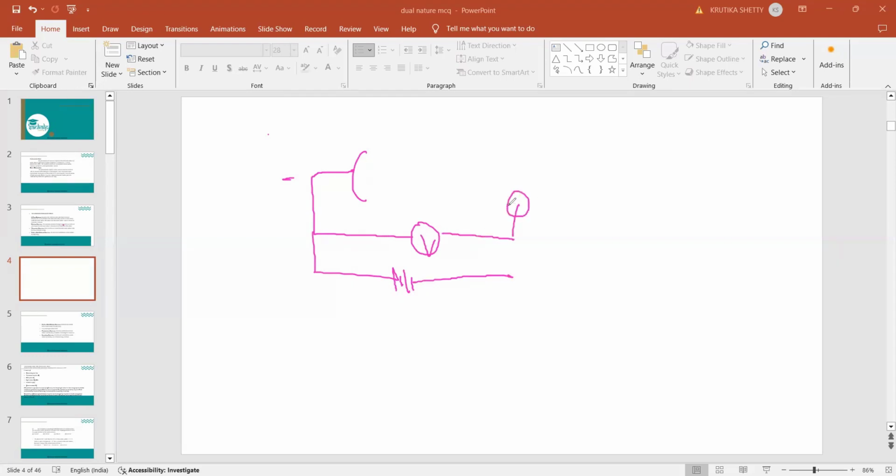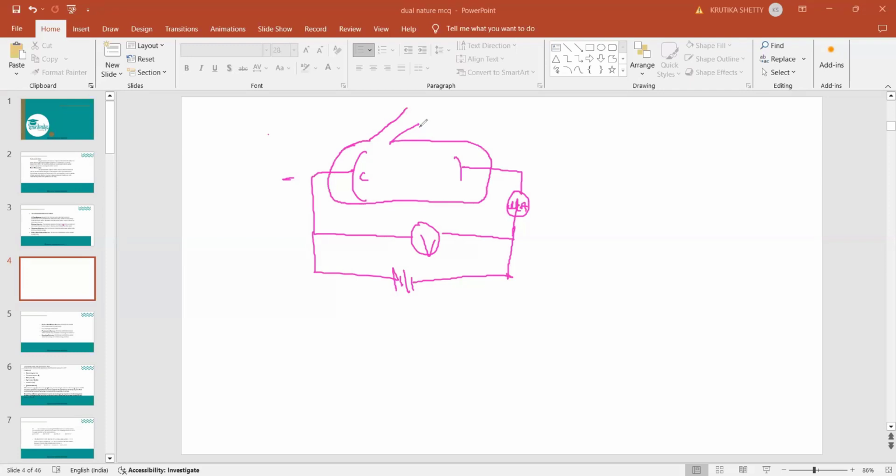Here it is connected to a microammeter. This is the cathode, and here there will be the anode. This cathode and anode are enclosed in one evacuated chamber.